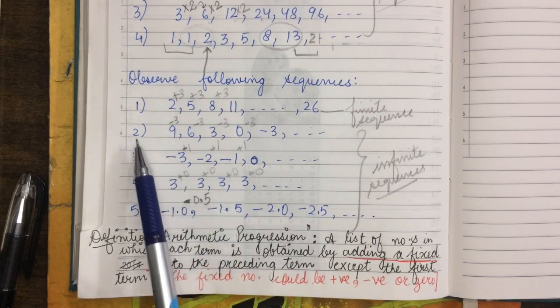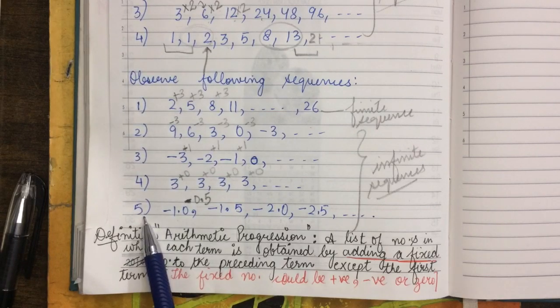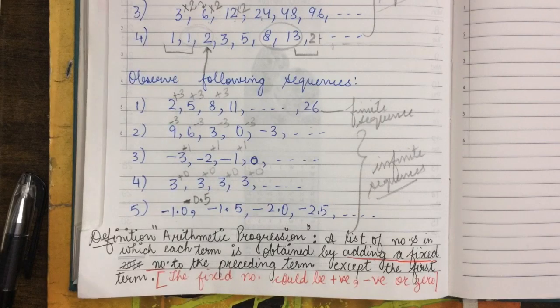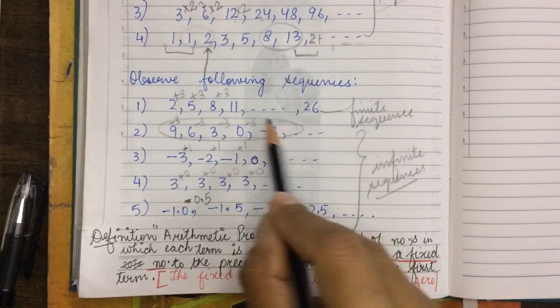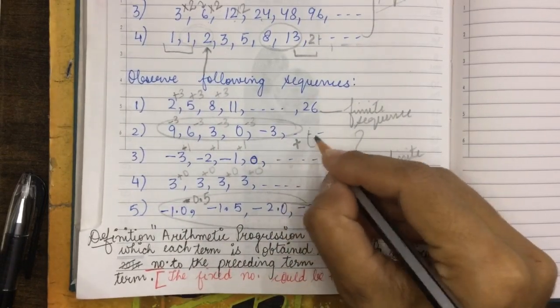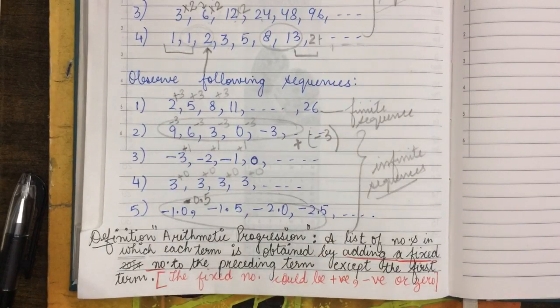Now, what about sequence number 2 and sequence number 5? We are subtracting a value here. So when there is subtraction of a value to get the next term, we refer to it as addition of a negative number. So in this case and in this case, I would say that I am adding negative 3.